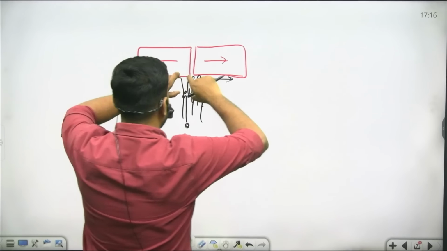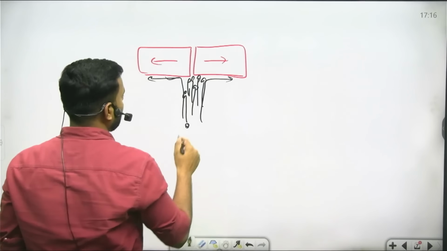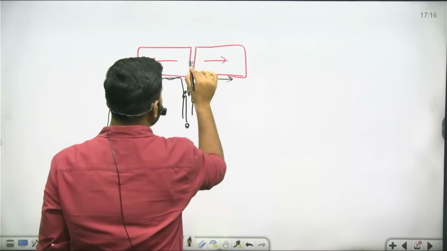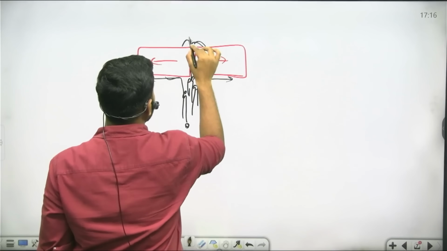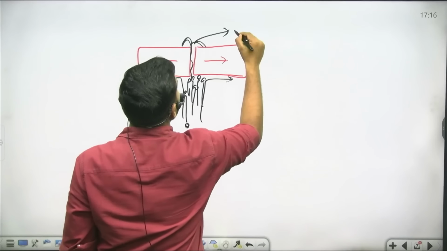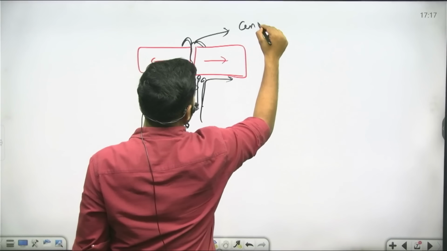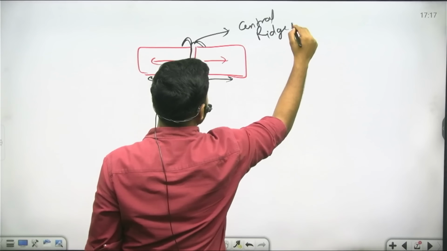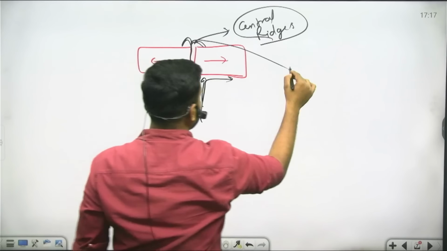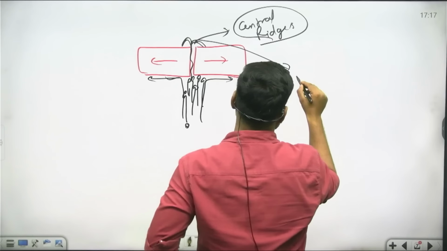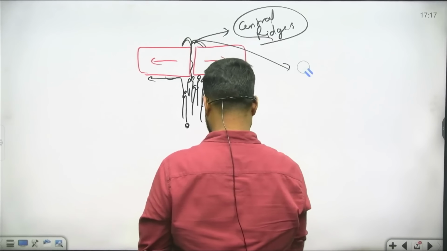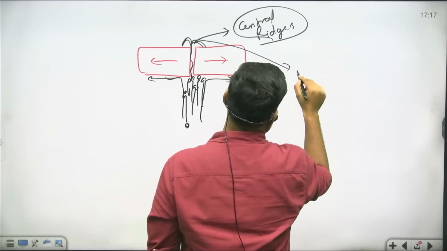and it will eventually break and both the plates move further apart, and magma easily comes out on the earth surface and creates the central ridges, and this type of earthquake is mild.